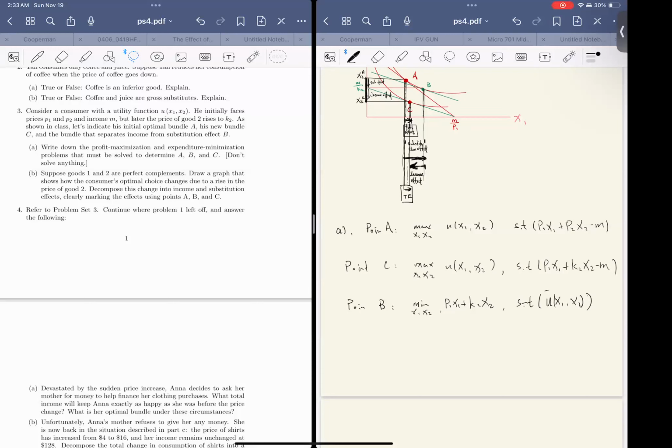Right. Well, I don't think I should write it like that. I think I should write it like this.